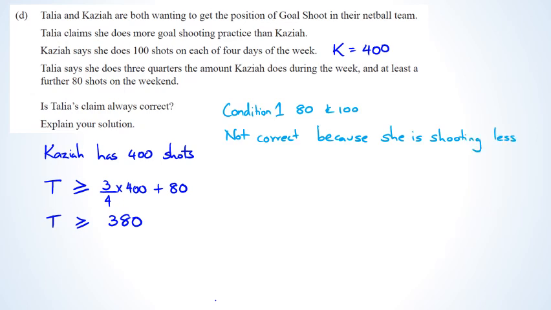That's condition 1. There's a second condition, which is basically Talia shooting exactly 100 shots in the weekend. Now, if she does that, she is still not correct, because Talia actually claimed that she does more goal shooting practice. If she shoots 100 shots in the weekend, she is not correct, because she is shooting the same number.